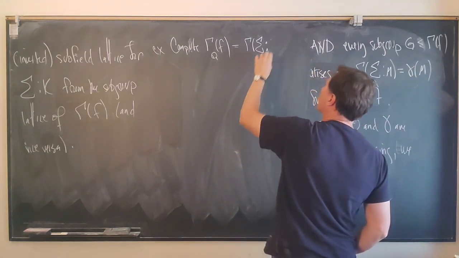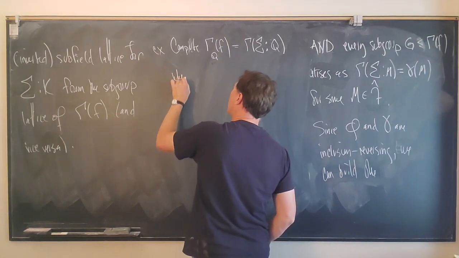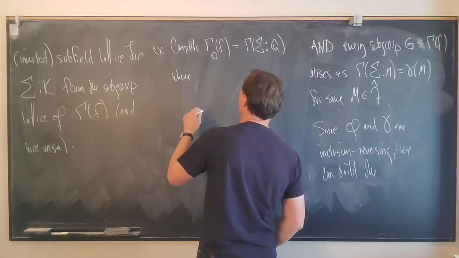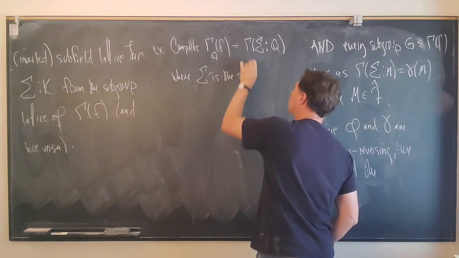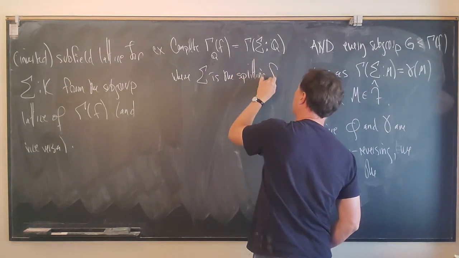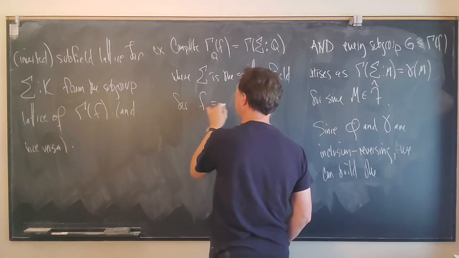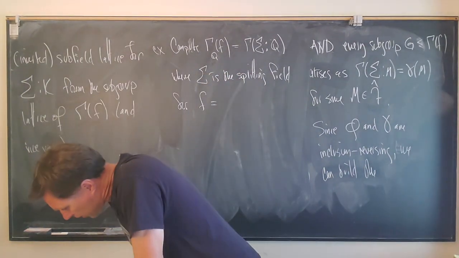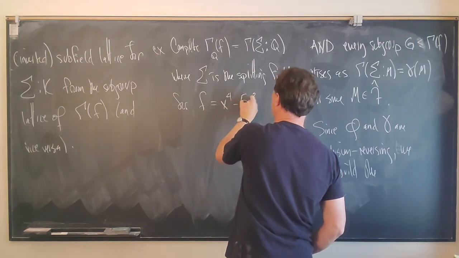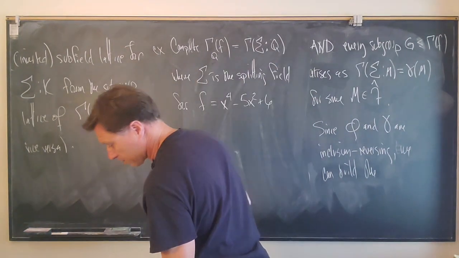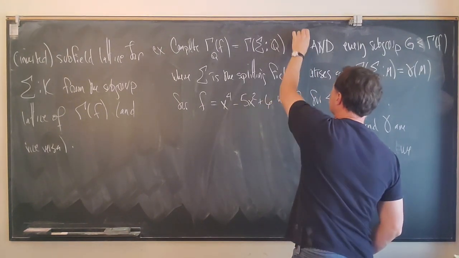So it's the Galois group Γ(Σ over Q), where Σ is the splitting field for the polynomial f equal to x⁴ - 5x² + 6 over Q.